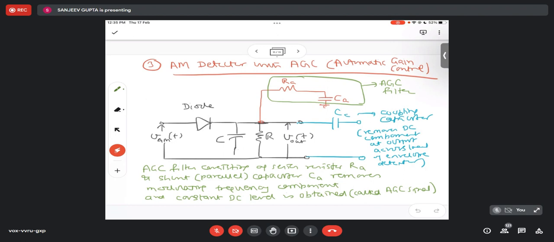So this is fine. Up to the blue color, that means the coupling capacitor, which acts as a DC block, this is fine. Now sometimes what happens here, when you get the message signal, like in a TV transmission, your volume remains constant throughout.